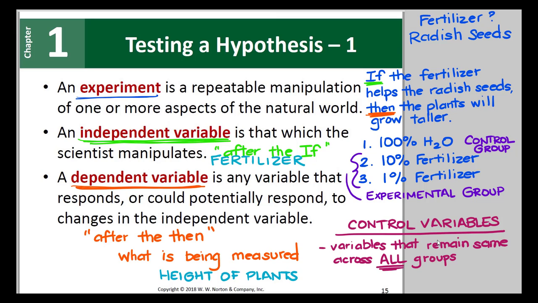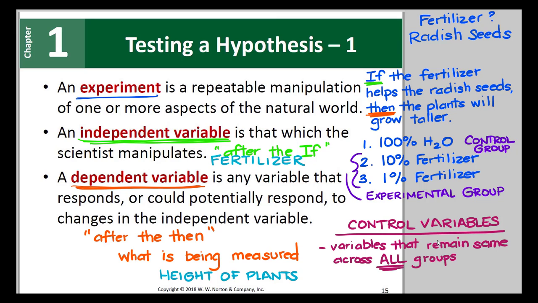I don't want to grow one of the seeds in a really large vessel and one of the seeds in a very small vessel. I want them to all be grown in the same container with the same amount of water, well, the same volume of their solutions, the same amount of sunlight, same availability to oxygen and all of that.